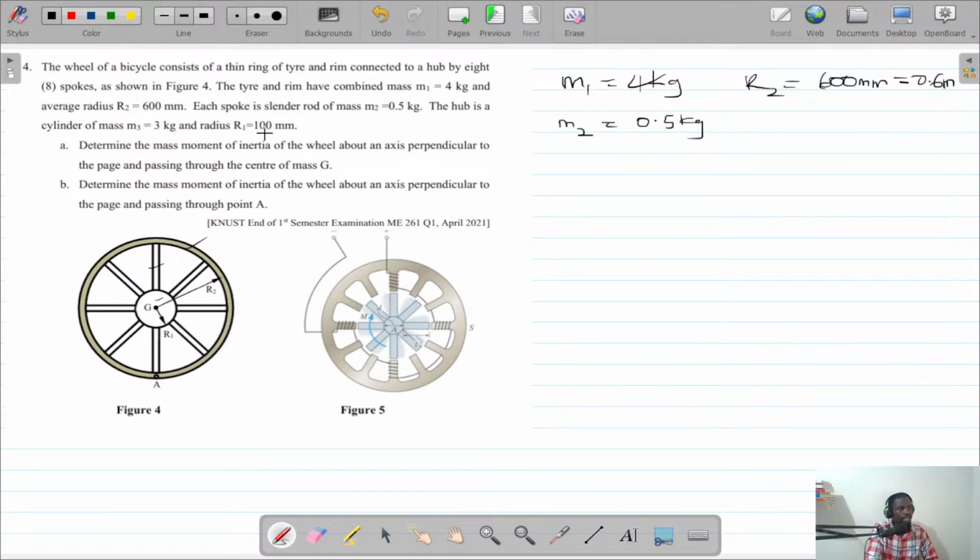The hub is a cylinder of mass m3 equal to 3 kilograms, and radius r1 is equal to 100 mm.